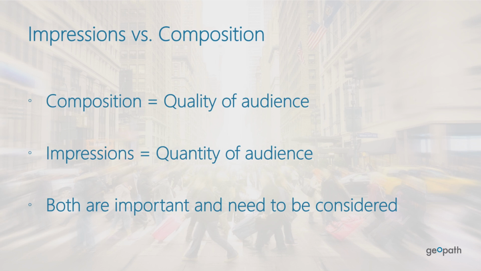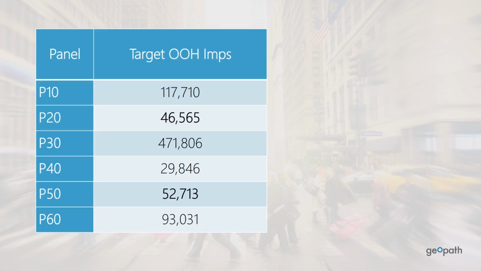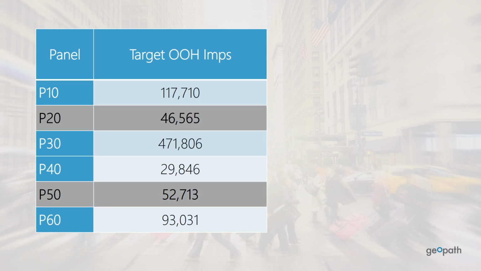The value of more targeted units cannot be expressed by simply comparing the raw number of impressions, which is a quantity measure. In this example, there are 6 locations with target impressions. 2 units, P20 and P50, have similar levels of impressions against the demographic target audience.